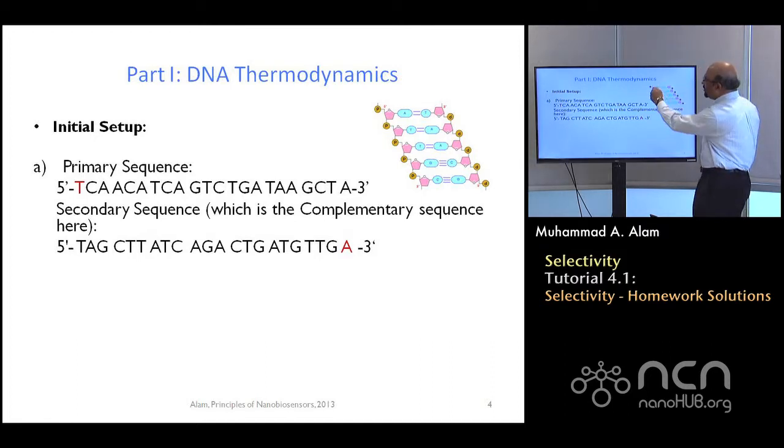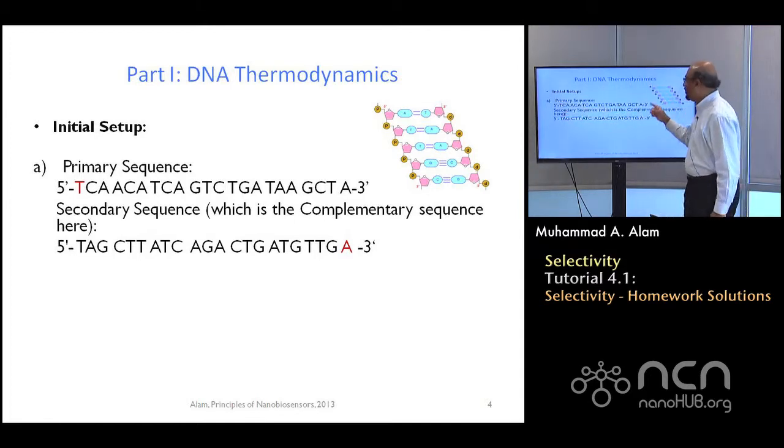And these 5 carbons on one end, and then correspondingly in the 5th location there is the next phosphate group. And similarly on the other end, on the 3rd position, the next phosphate group will attach. So the bottom line is, this 5 prime and 3 prime simply says the orientation of the molecule.